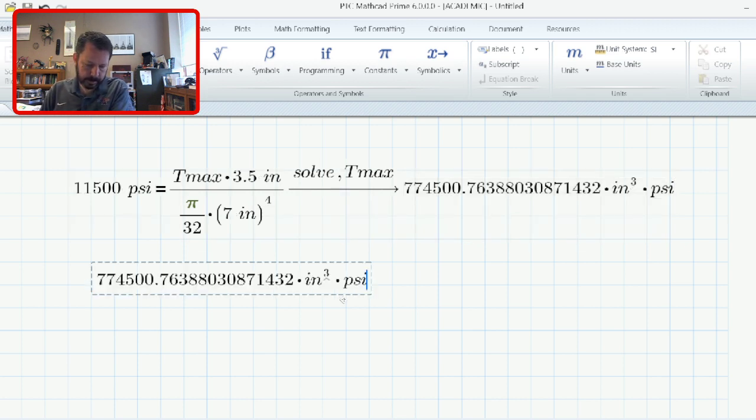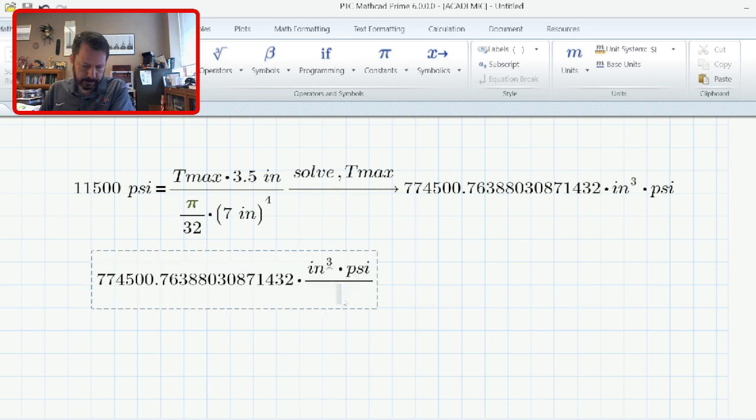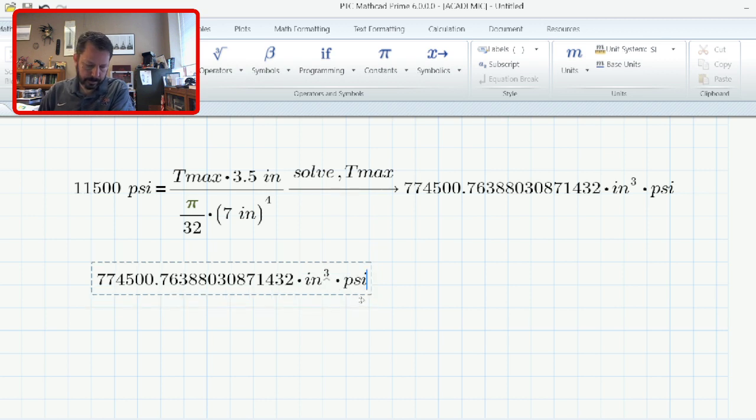Sometimes this one doesn't really have a unit placeholder. Well, that unit would be inch pounds, wouldn't it? So this is in inch pounds. 774,000 inch pounds of torque. That's a lot.